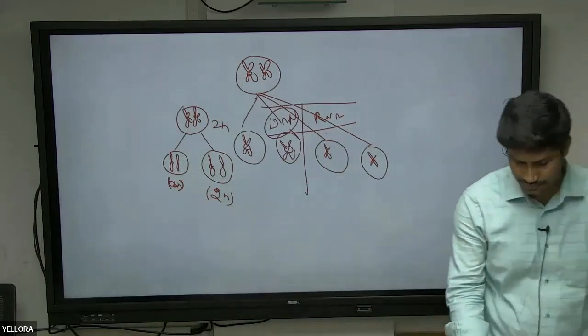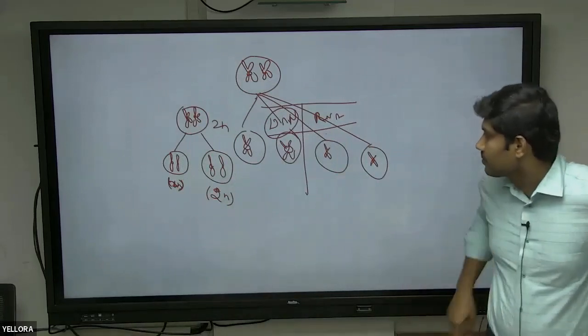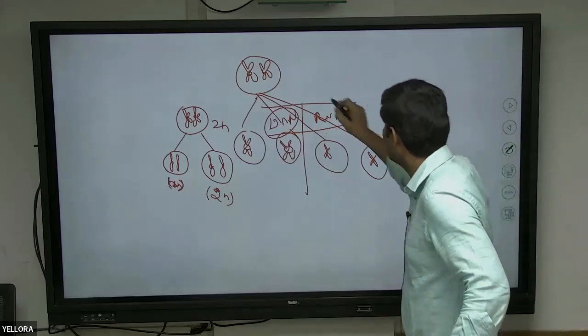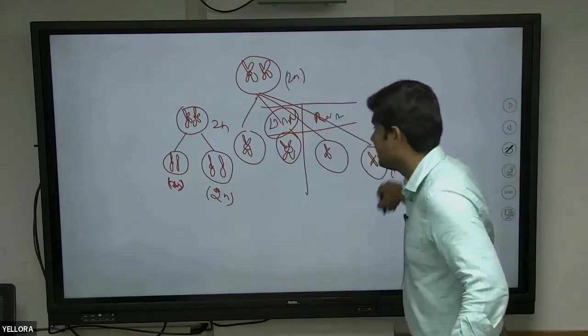You can use the letter n here, the haploid number. It is in diploid condition, and it is in haploid condition.